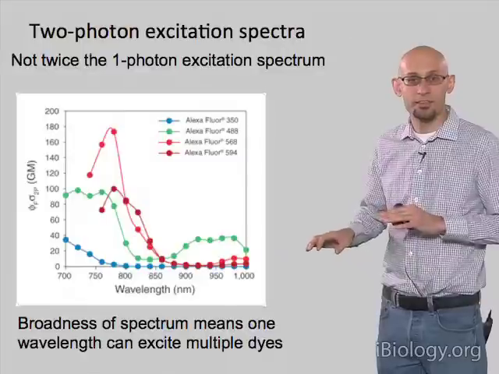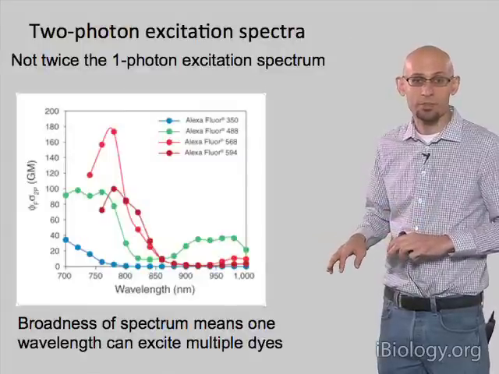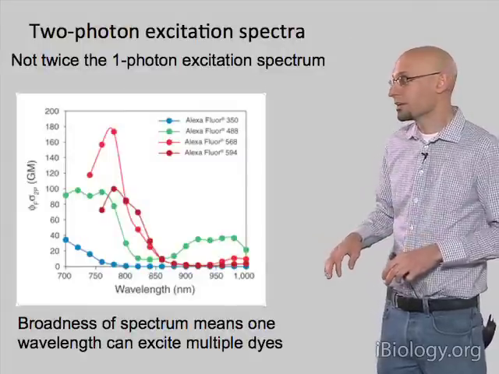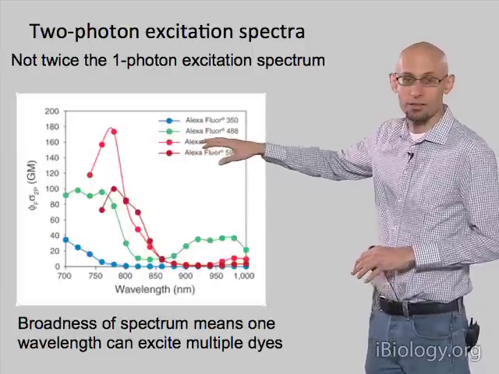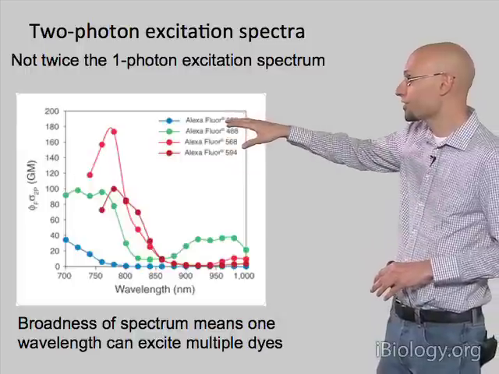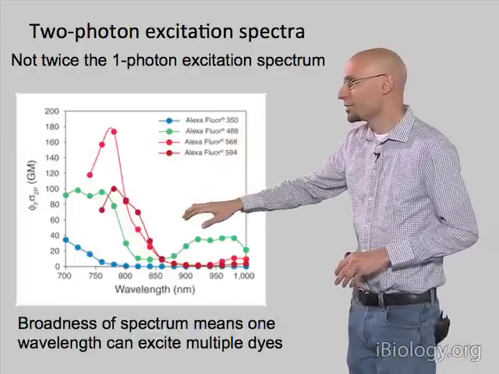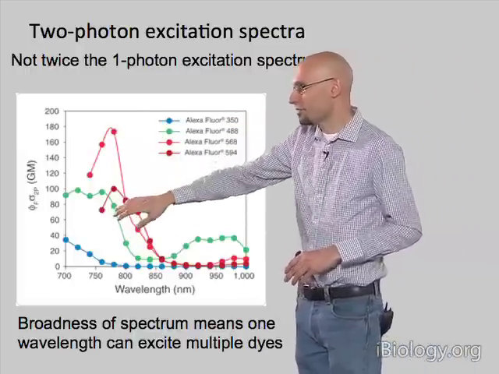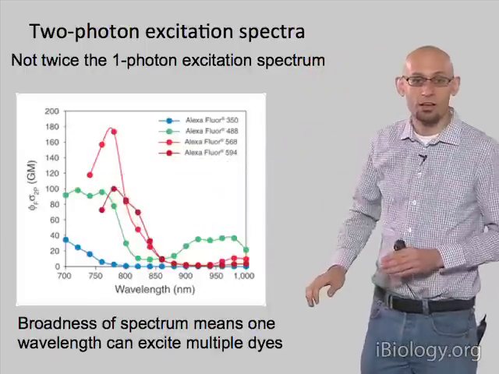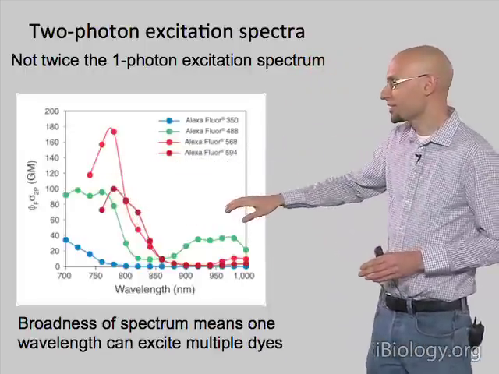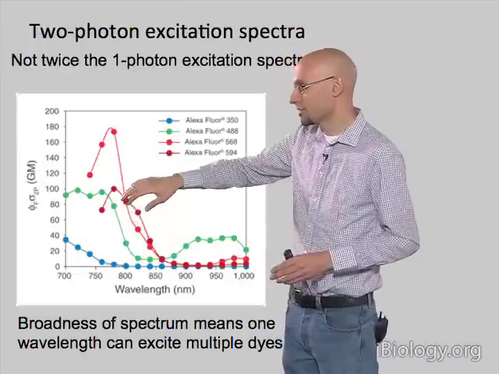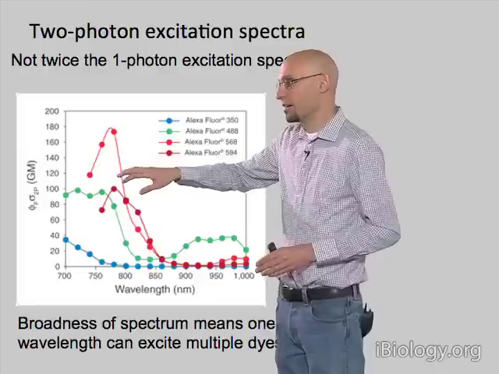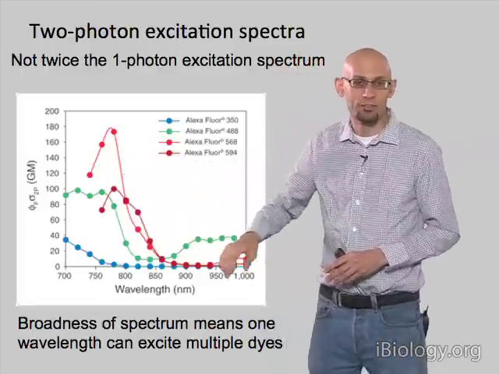Here's another example. These are synthetic small molecule dyes from Invitrogen. And these are dyes that absorb at a wide range of one-photon wavelengths from 350 here to 594. And you can see that many of them have fairly similar excitation maxima. You can also see that these spectra are fairly broad, that all these dyes can be excited to a large extent over a 100 to 150 nanometer range in wavelengths.